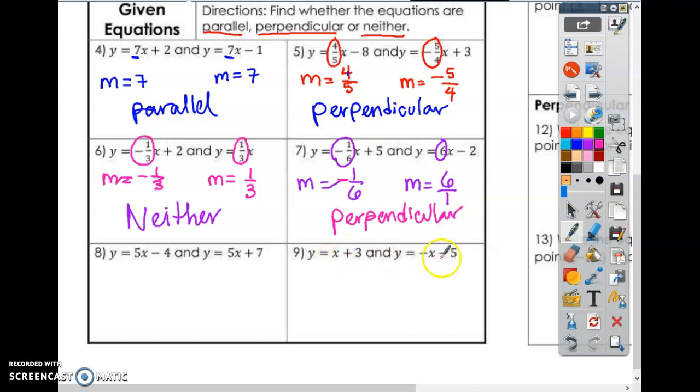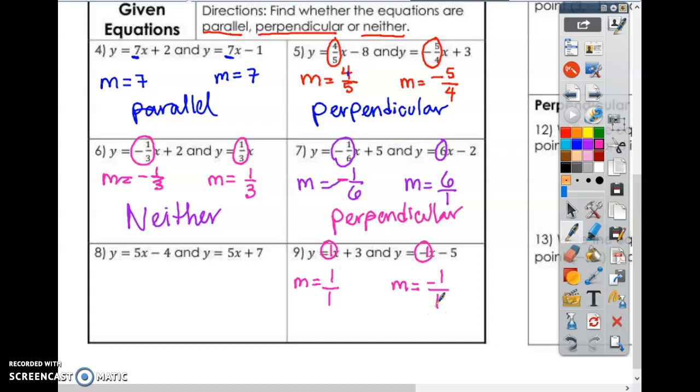What about these two? The slope right here is 1. The slope right here is negative 1. Positive 1, negative 1. M equals 1 over 1, and m equals negative 1 over 1.